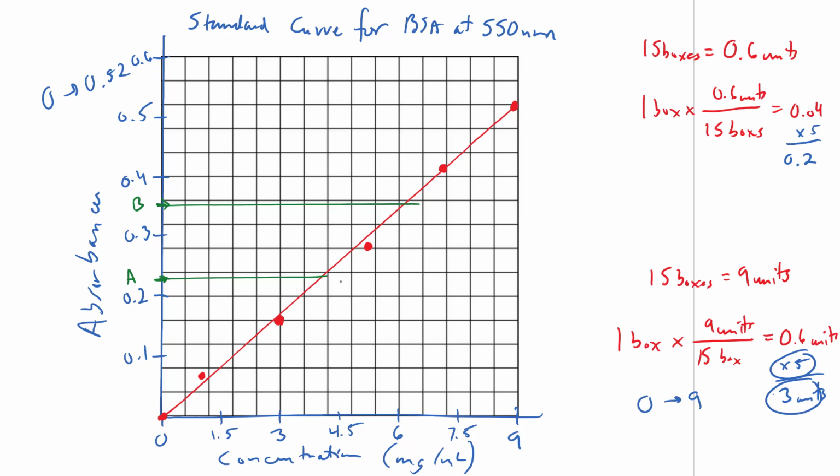I will start there and I will go down to my horizontal axis. Again, try and make a vertical line. Now we can read off where that hits this axis.